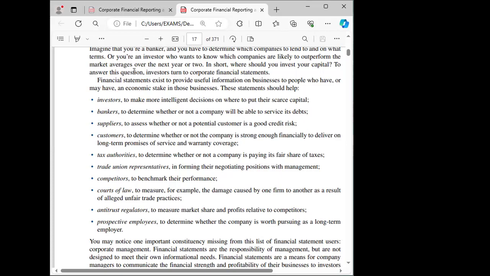In most cases, they will do further analysis on these financial statements. The data and information is already captured in those financial statements. Each one of these stakeholders, be it investors, bankers, suppliers, and so on, will do a further analysis on these financial statements. The information is already captured in those three main financial statements we looked at.